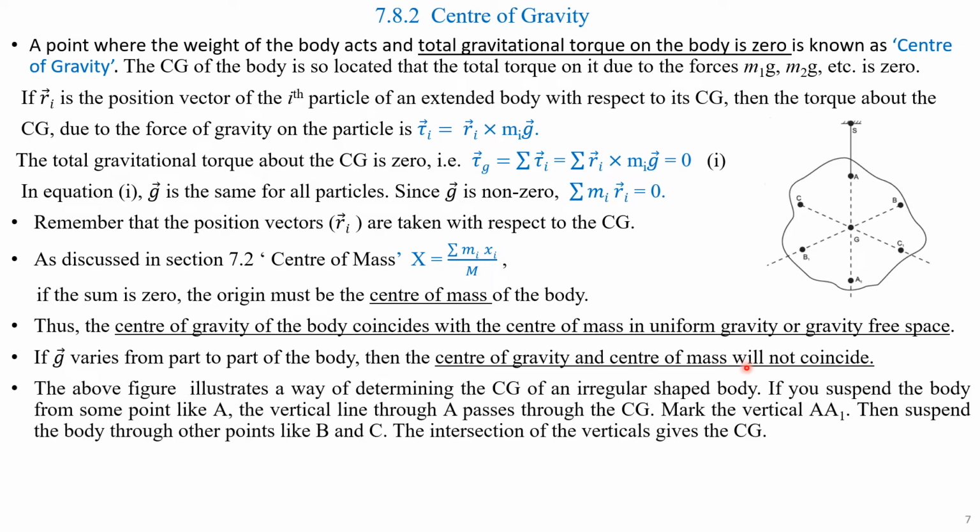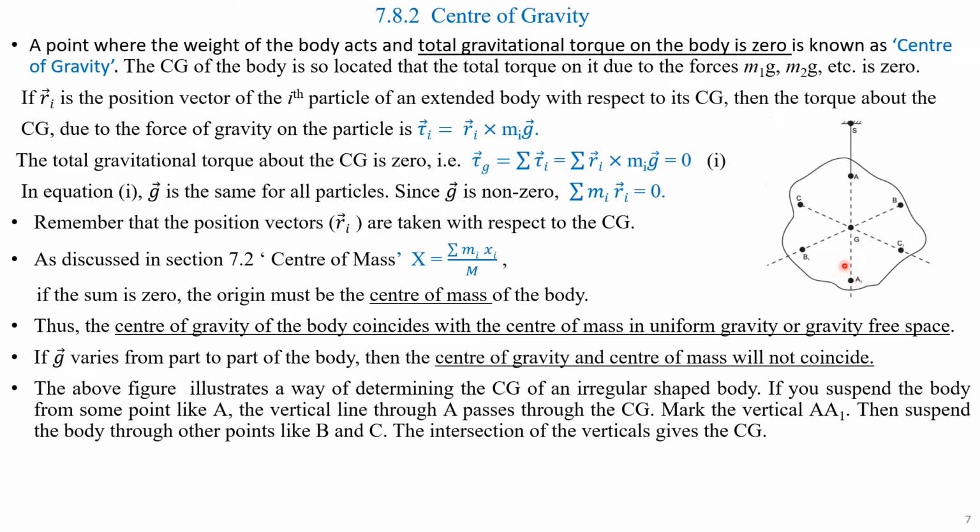Please see the figure here, which shows a way of determining the center of gravity of an irregular body. Please observe that the shape of this body is highly irregular.